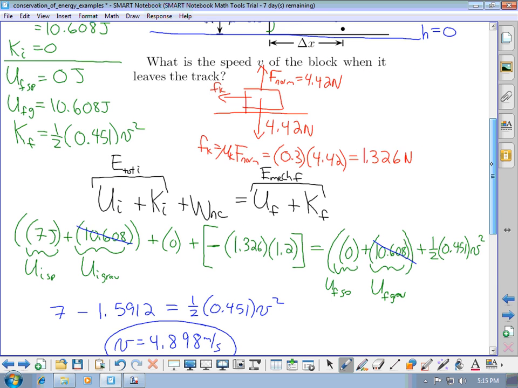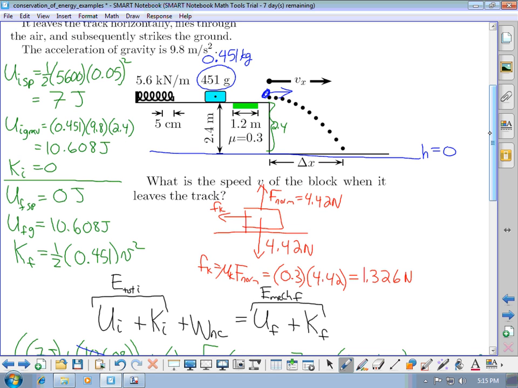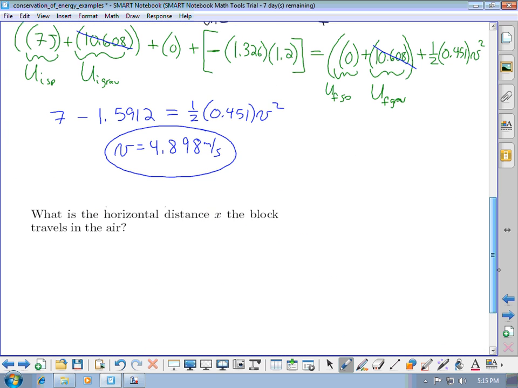So the speed that this leaves the cliff with is 4.898 meters per second. And this is something that's only moving horizontally initially. And so now for the rest of the problem, it becomes a projectile motion problem.